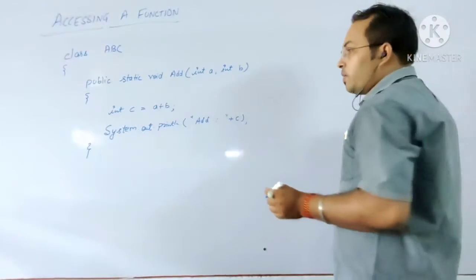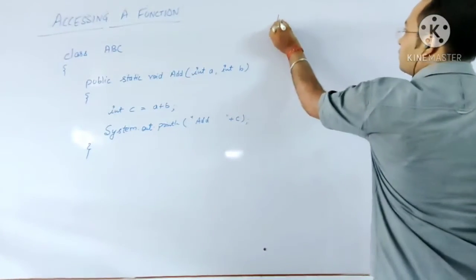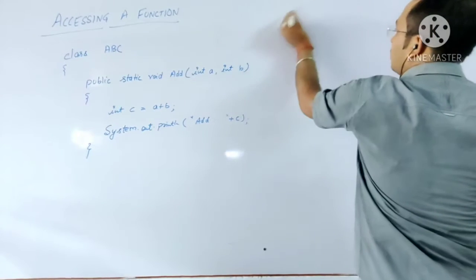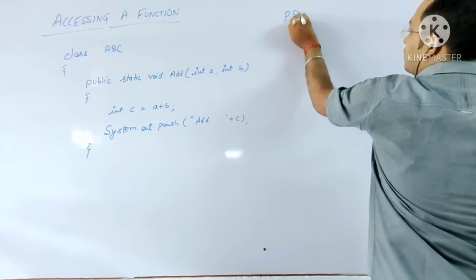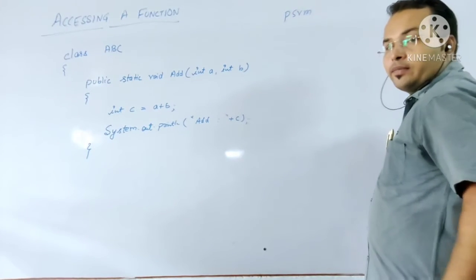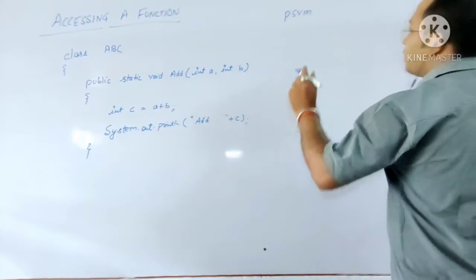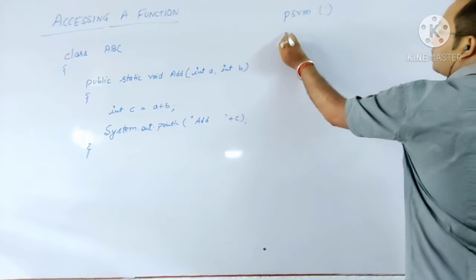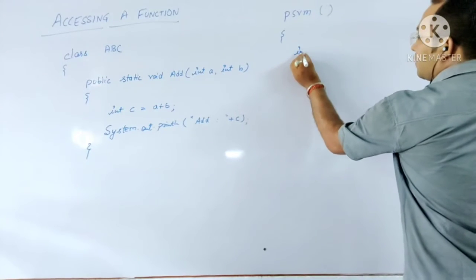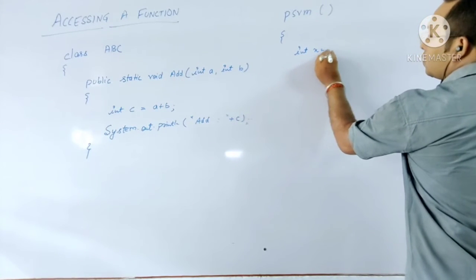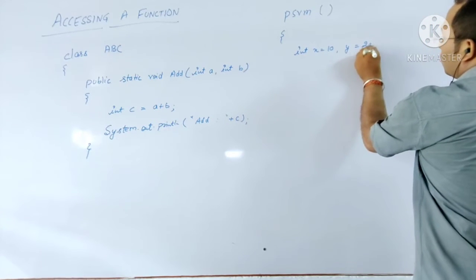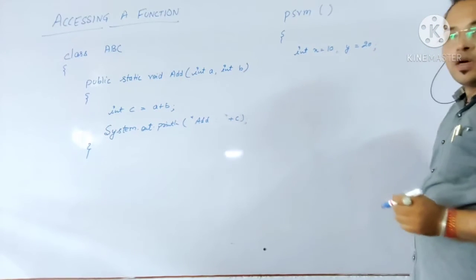Now the second function I will make in the program: public static void main, or I can directly write PS here. Inside it I will assign x equals 10, y equals 20.